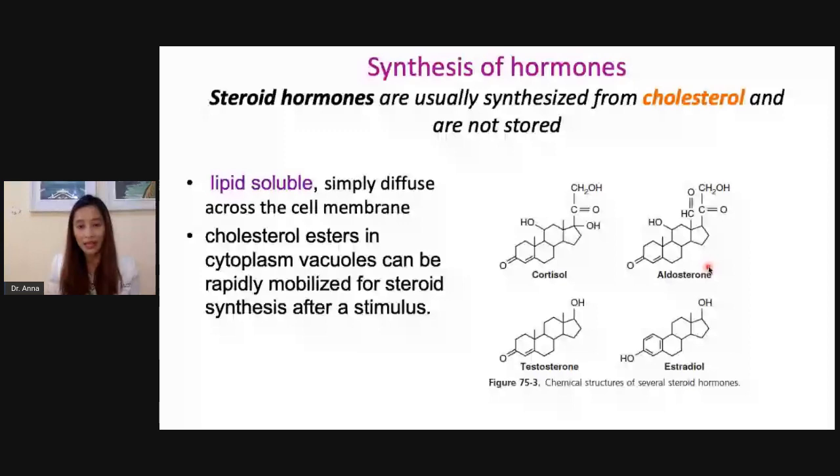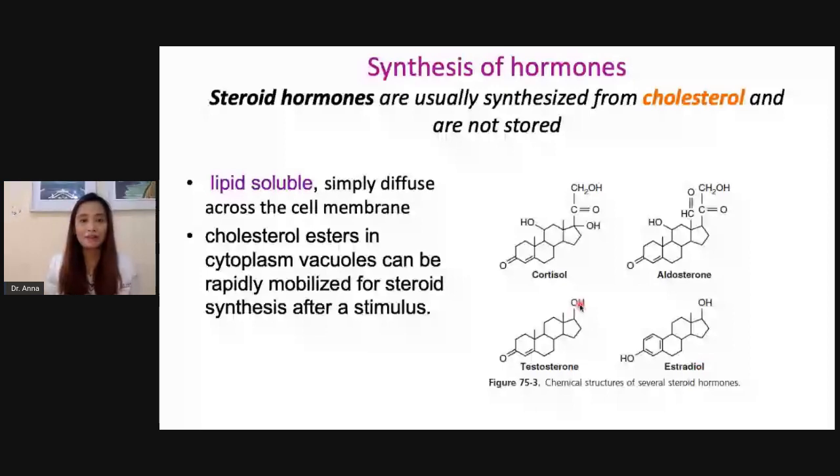And lastly, your gonadal hormones, your testosterone and your estradiol, are all steroid hormones and are all derived from a precursor molecule, which is your cholesterol. So again, these are your steroid hormones: cortisol, aldosterone, testosterone, estradiol. There are many other steroid hormones, and these are just some of the examples.